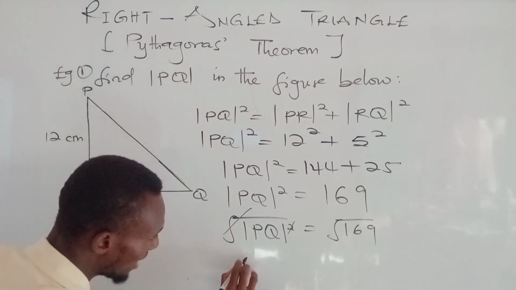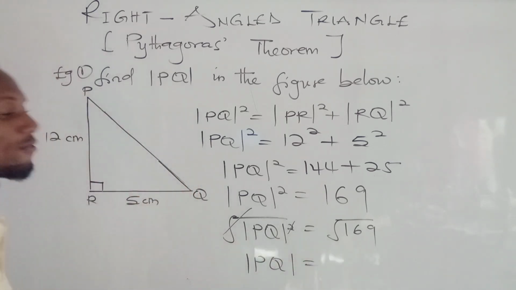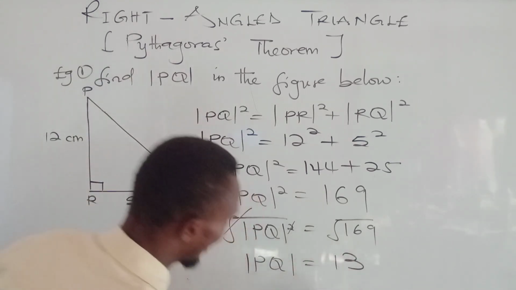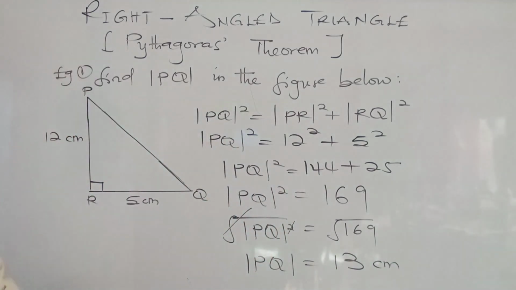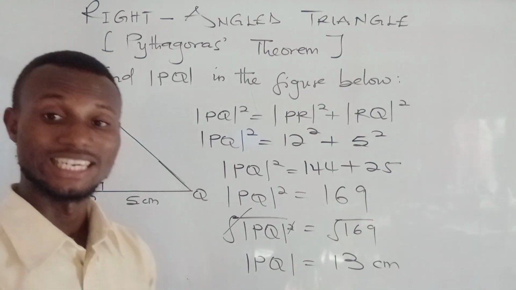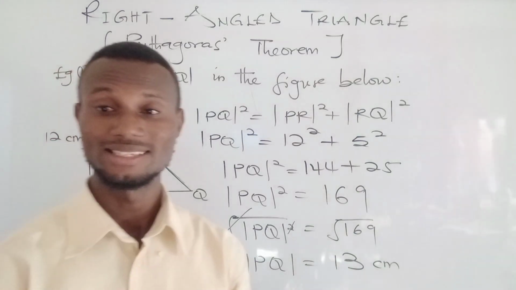So we are going to have our line PQ equals the square root of 169, which is 13. So we are going to have 13 centimeters as our answer. You need to bring the unit. The unit is important, don't ignore the unit. So our line PQ is equal to 13 centimeters.